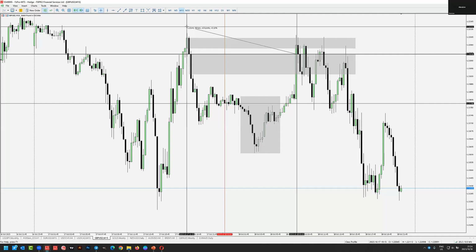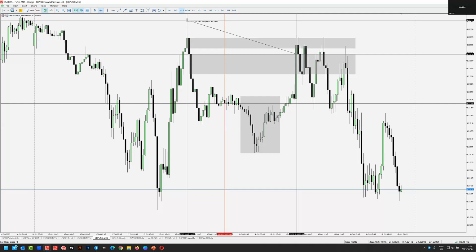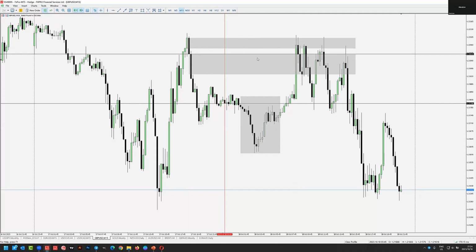The only problem with a tight stop loss is if there are fundamentals on the calendar and the spread gets bigger, price can trigger your stop loss without even reaching that level.